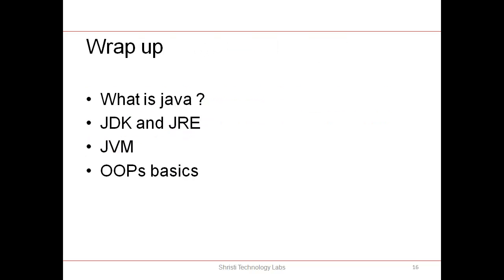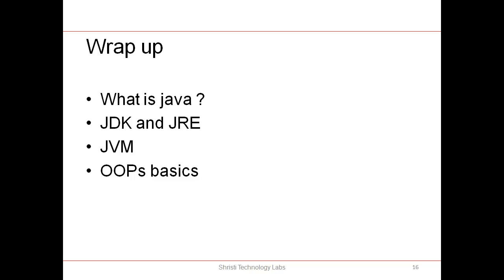So in this session, what we have seen is what is Java. Java is an object-oriented programming language. Java is platform independent. What is JDK and JRE? JDK is Java Development Kit, which helps to develop Java programs. JRE is Java Runtime Environment. JRE has JVM.